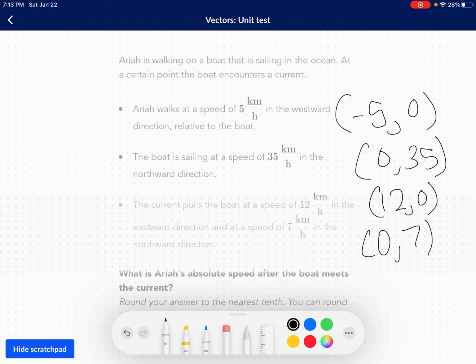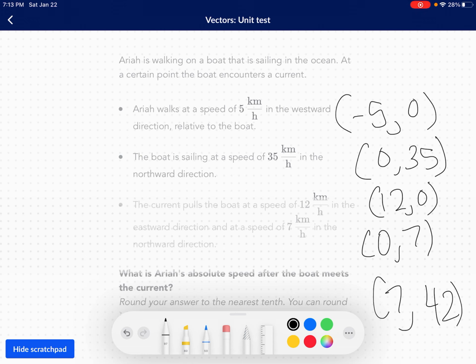So I'll just add all the x components, and you get 7 for the x component, and then you add all the y components, you get 42, and you just find the magnitude of that by squaring both of them. So 7 squared is 49 plus 42 squared, that's 1,813.